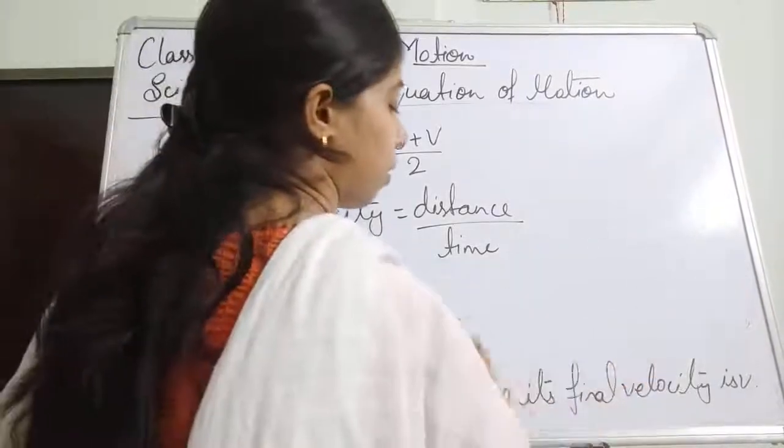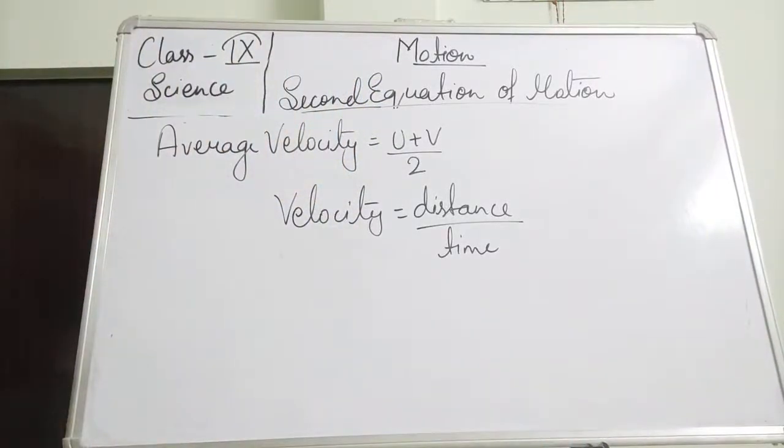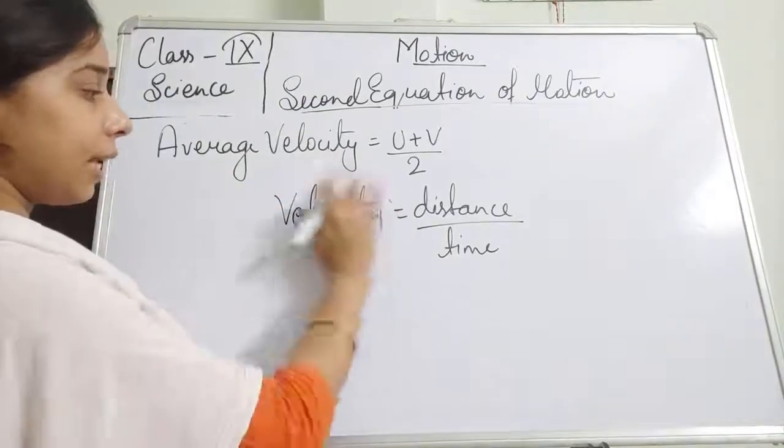We are able to find it by the formula, and here we have taken the velocity as an average velocity.